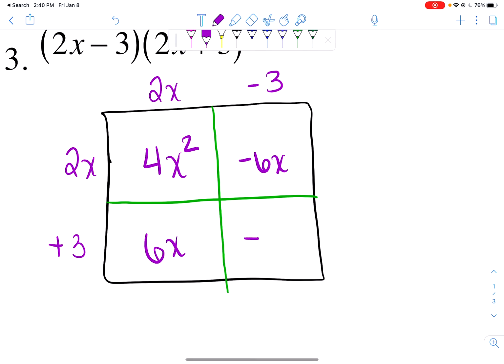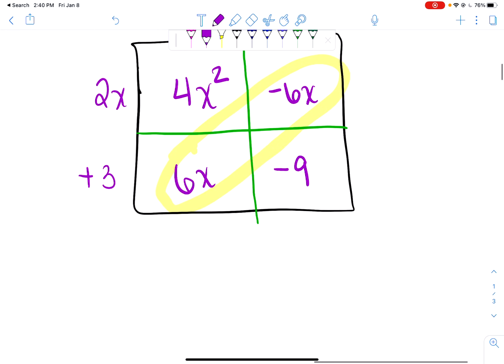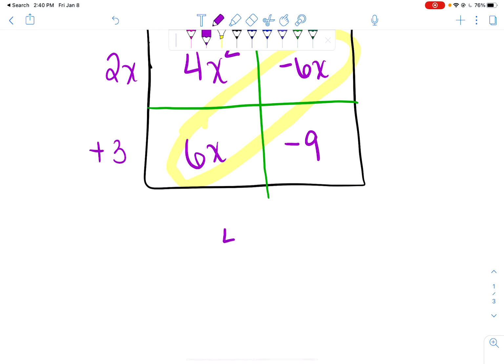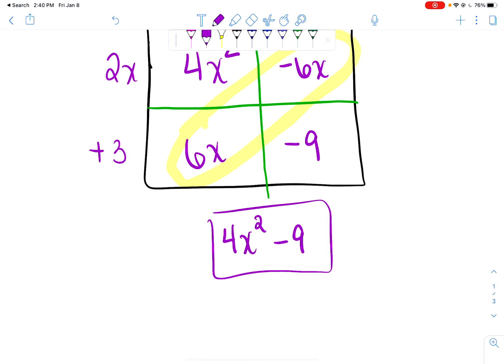And 3 times negative 3 is a minus 9. If I look, highlight those like terms in your diagonal, they cancel each other out again. So I get 4x squared minus 9 as my final answer.